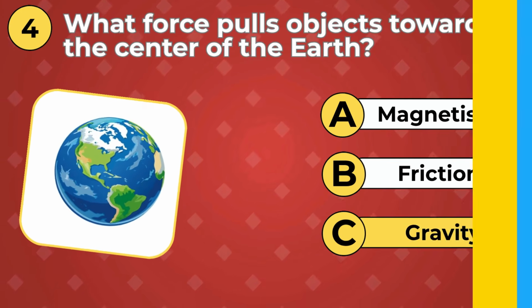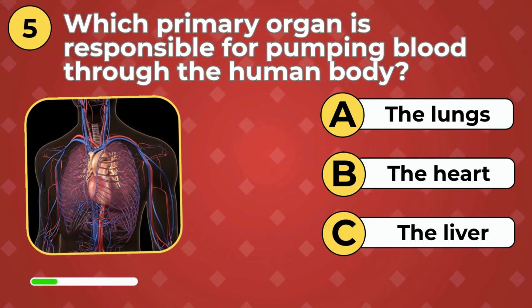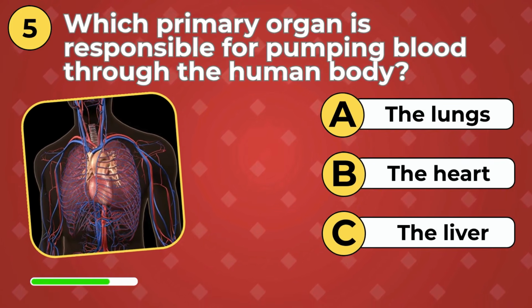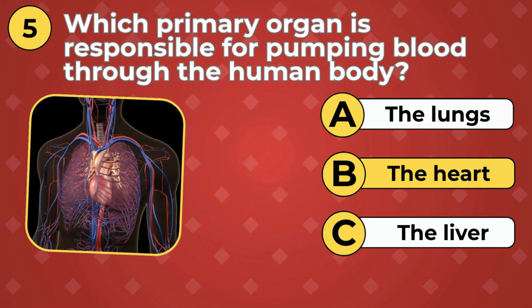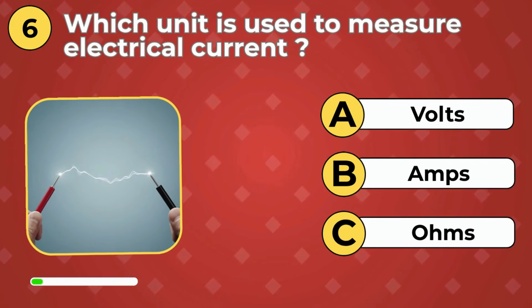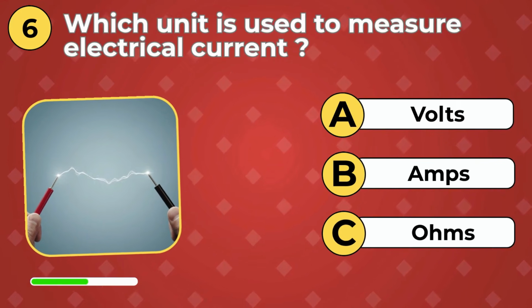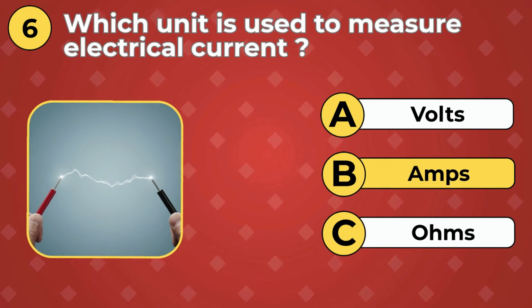Gravity. Which primary organ is responsible for pumping blood through the human body? Correct. It's the heart. Which unit is used to measure electrical current, volts, amps, or ohms? Amps.